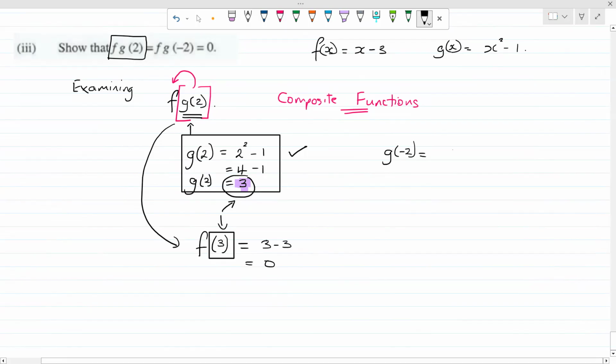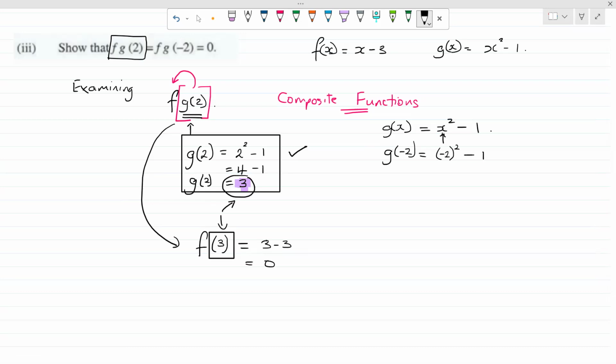Now look at this. g of negative 2. g of x is x squared minus 1. g of negative 2 means that wherever the x is, we have to replace that with a negative 2. But the thing about squaring a negative number: negative 2 multiplied by negative 2 is going to give me a 4. And 4 take away 1 is still going to give me 3.